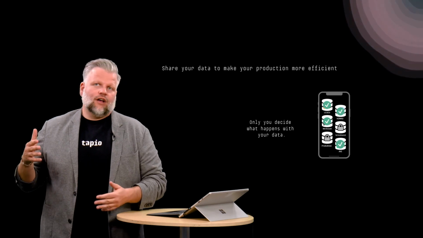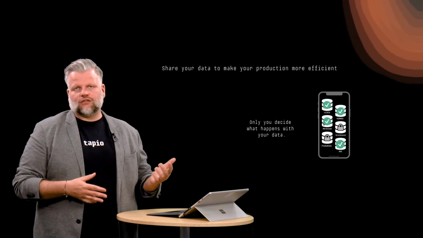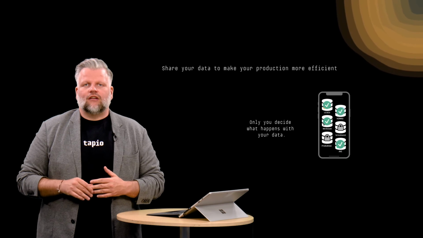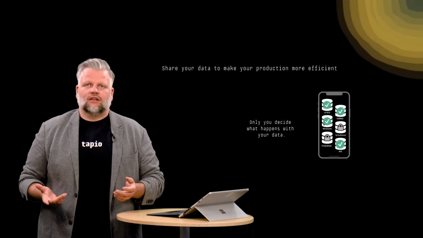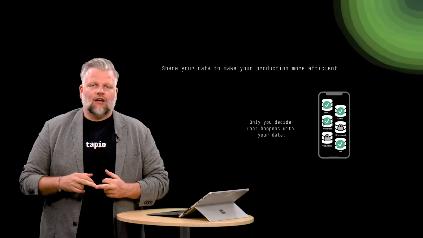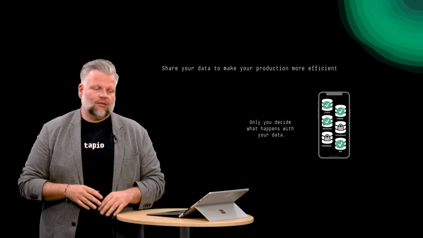Also, for every machine manufacturer or tool manufacturer who owns specific data, it is all transparent, and everybody sees in Tapio what happens with the data. That's really important for us, and it's something we have as a top priority for the future and also for current applications.